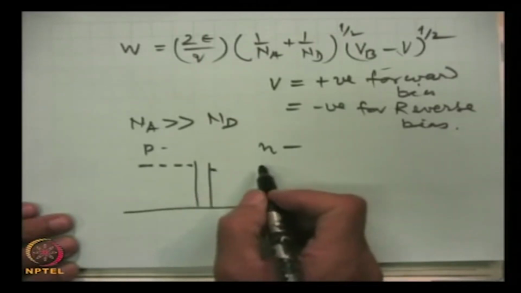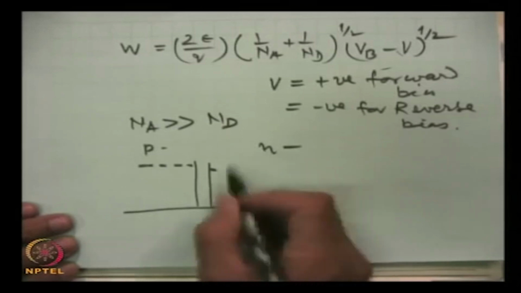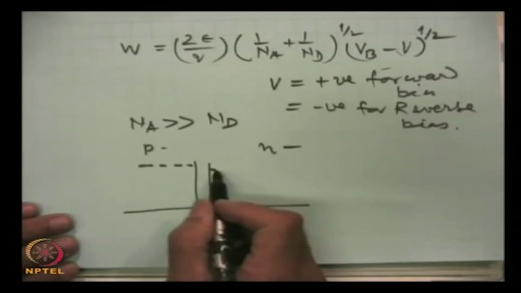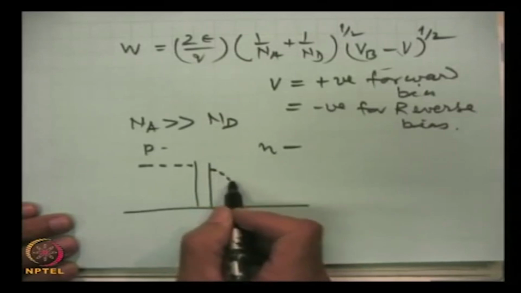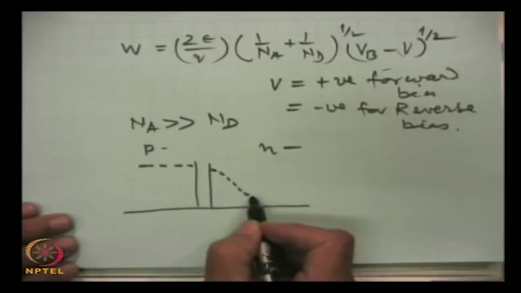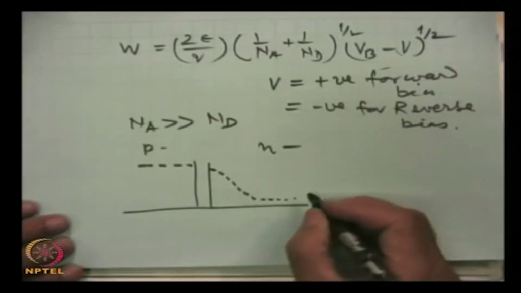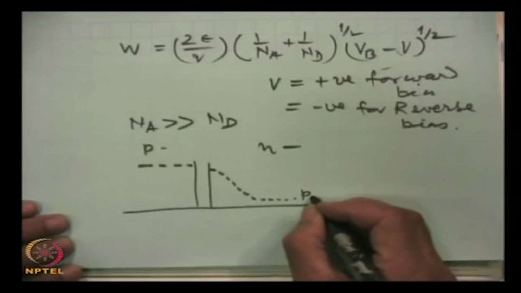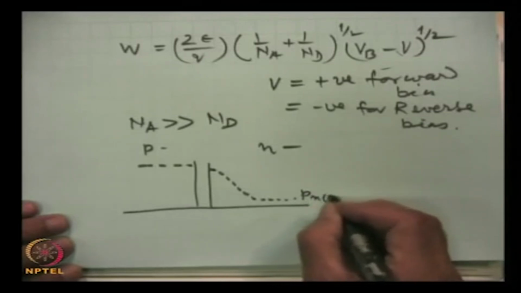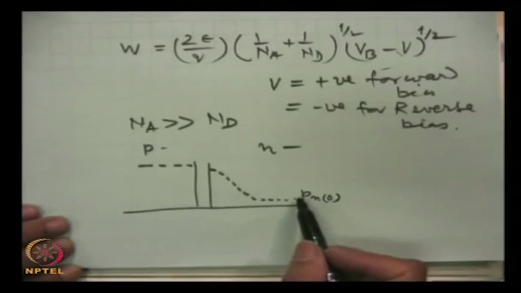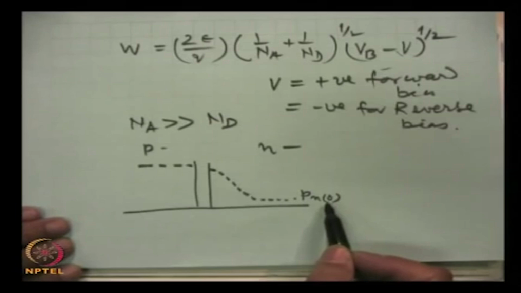In the N region they will meet a lot of electrons, so they recombine and the density decays exponentially, and finally this is the hole density in the N region in thermal equilibrium. This is how we write p_n0, the hole density in the N region, and this 0 indicates that it is in thermal equilibrium.